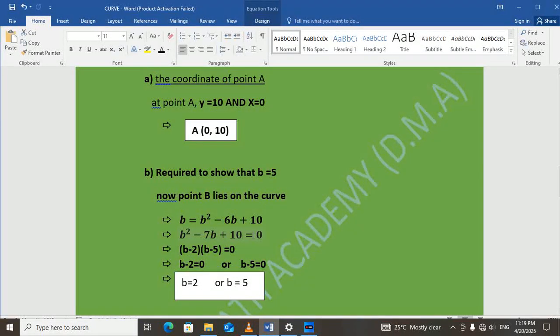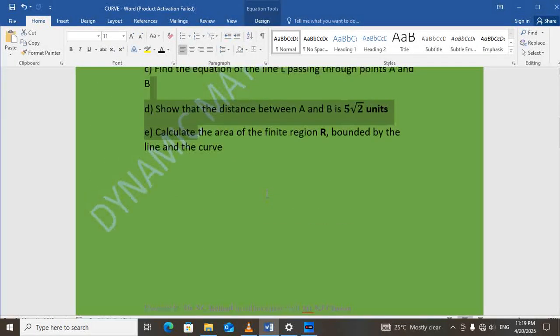The factors are (b minus 2)(b minus 5) equals 0. So b equals 2 or b equals 5. These are the two solutions of b. Whenever we have a quadratic equation, we should have two solutions, b equals 2 and b equals 5. So from here we have shown that b is equal to 5.